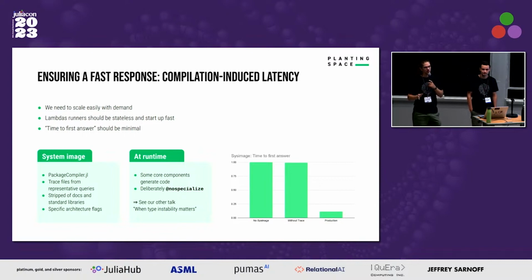When we experimented with this a little bit, we were talking 10, 15 seconds to realize that it needs another one, spin one up, and run the init function. Most of that is actually loading the system image. I don't know if you've ever built a big system image, but when you start Julia with a big system image, it takes a couple of seconds longer than usual to start up, and I think that's where most of the time comes from.